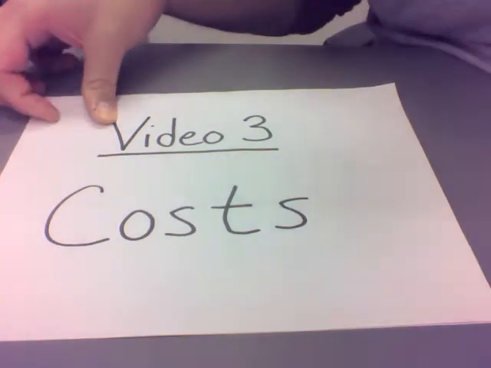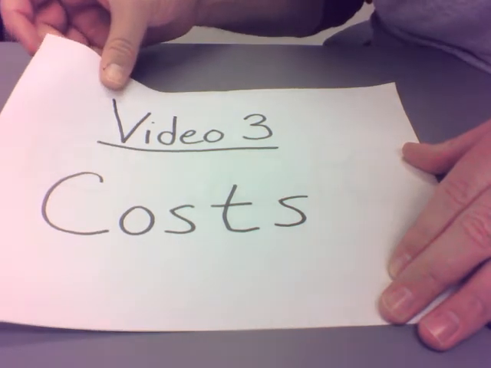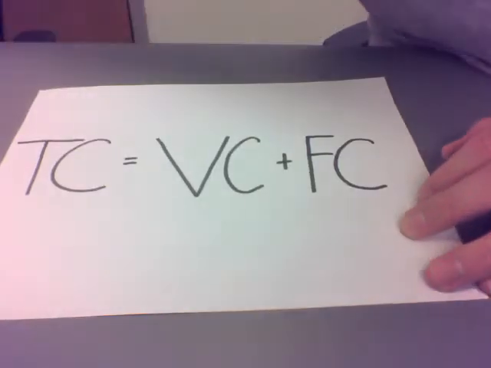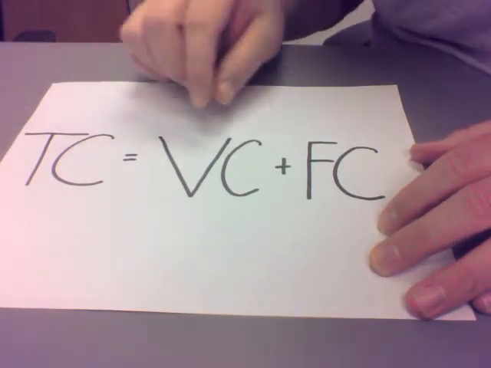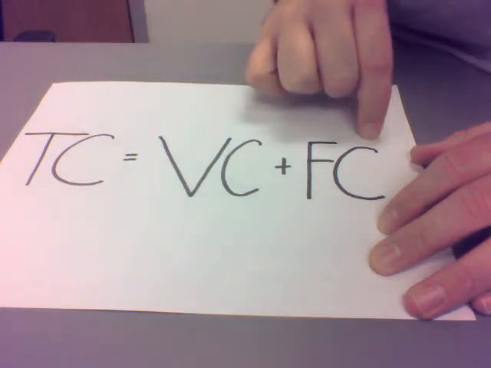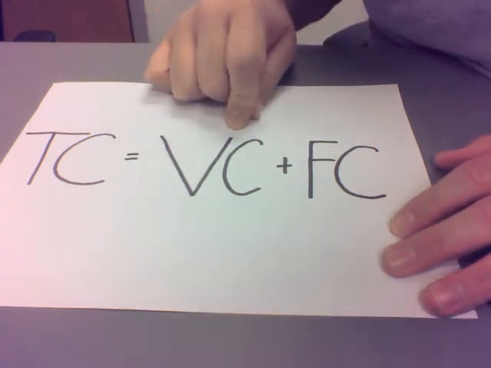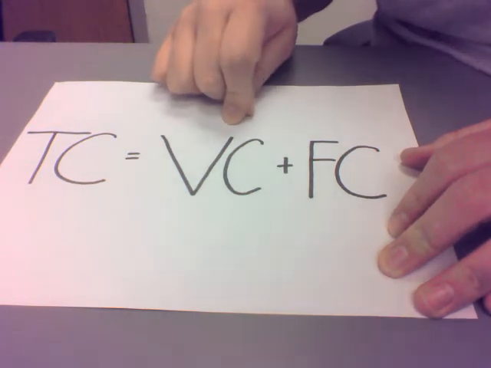So when we talk about costs, we're typically talking about what a firm has to pay to obtain the inputs it needs for its production process. We typically divide these costs into two categories, variable costs and fixed costs. Variable costs are costs that vary based on how much output a firm produces.